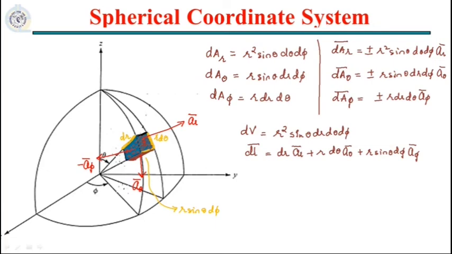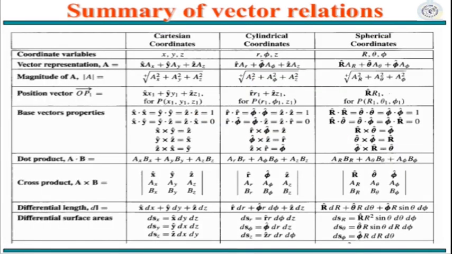For example, if I have a point in Cartesian, I can convert it into spherical, or a point from the spherical coordinate system can be converted into the Cartesian coordinate system. All our discussion regarding coordinate systems is summarized in this table for your reference.